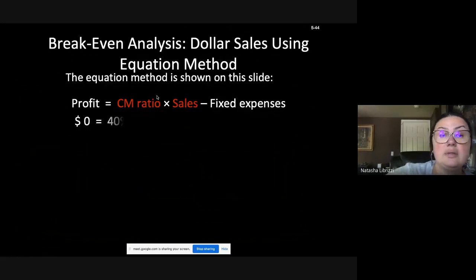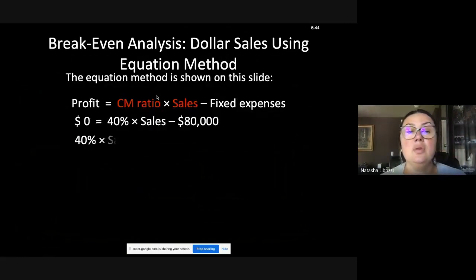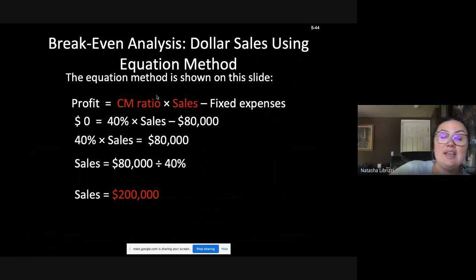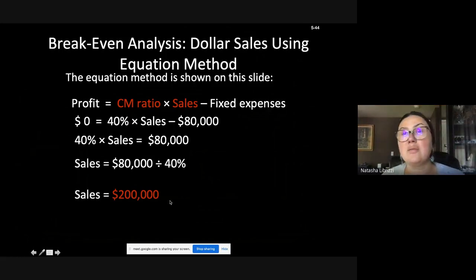So now we're switching things around. Right now we're using the equation method with the percentage: 40% times sales. Now our break-even point comes out as a dollar figure, so our answer has a dollar sign associated with it.